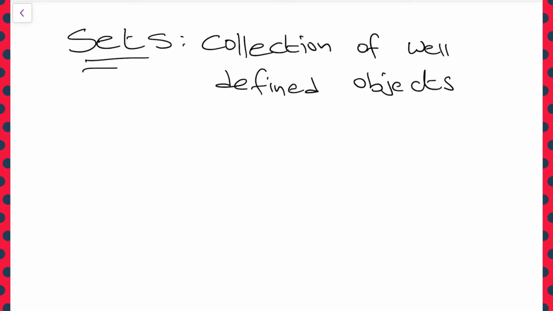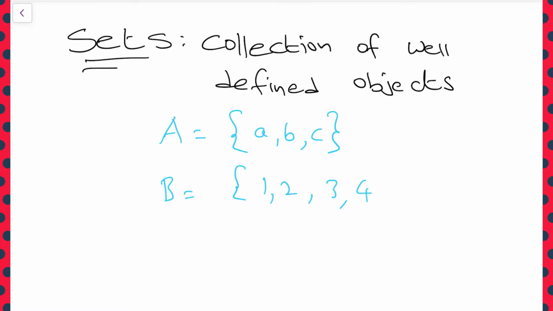For example, set A equals A, B, C. Otherwise, set B equals 1, 2, 3, 4. So this is a set.